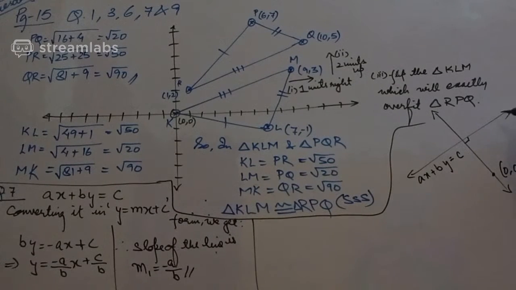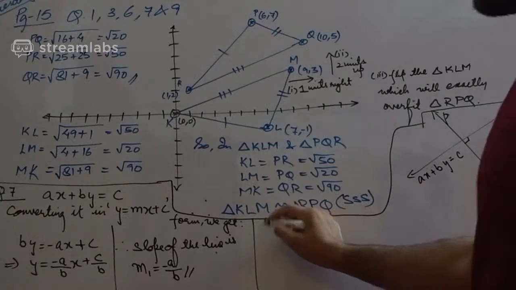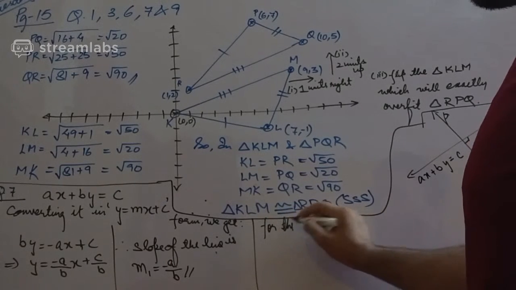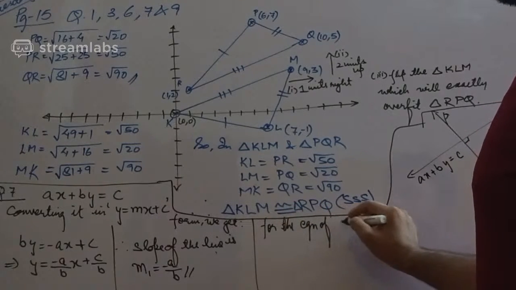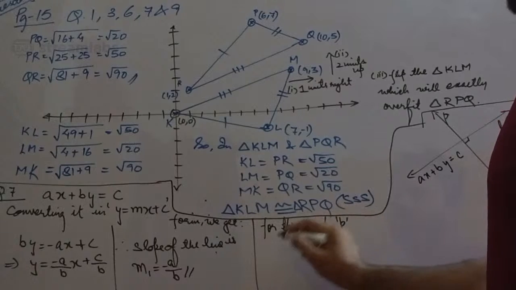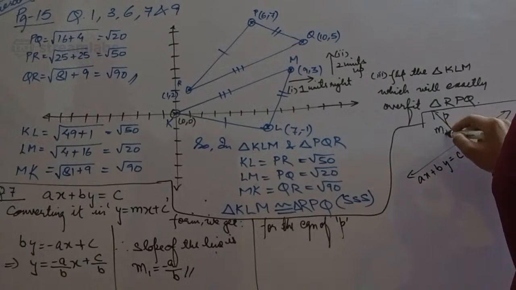Say this line is L and this line is P, so we are targeting to find the equation of line P. Say this line has a slope M2.